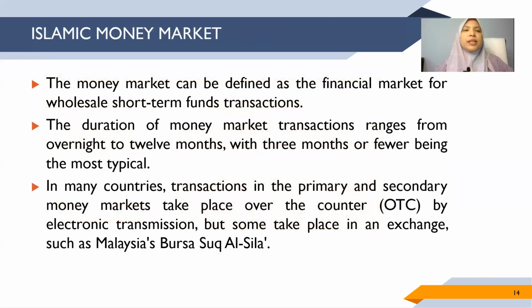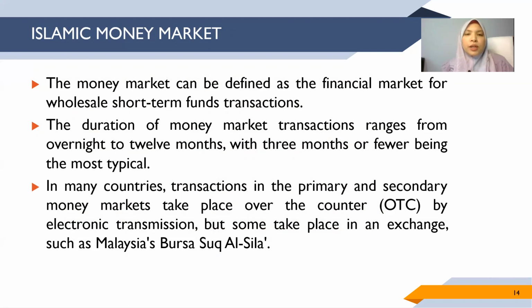Okay, next we move to the Islamic money market. It can be defined as a financial market for wholesale short-term fund transactions. It provides short-term funding, within one year. The duration of money market transactions ranges from overnight to 12 months, with three months or fewer being the most typical.